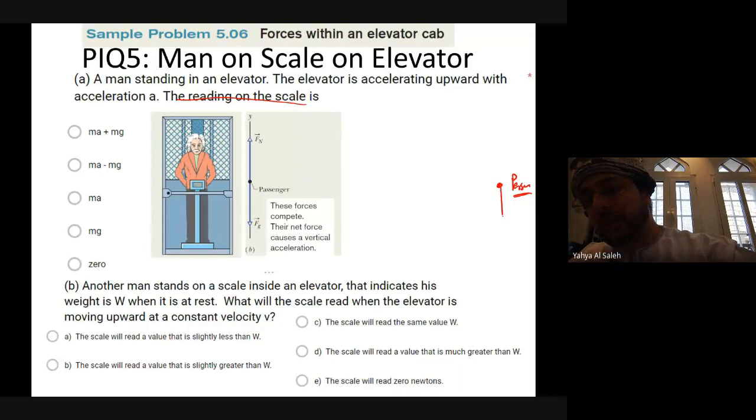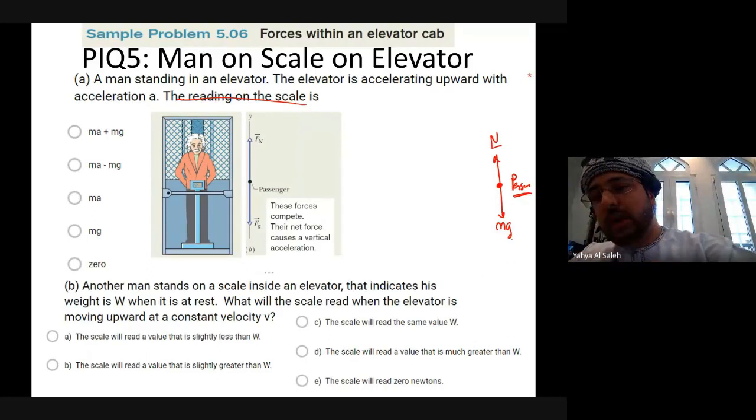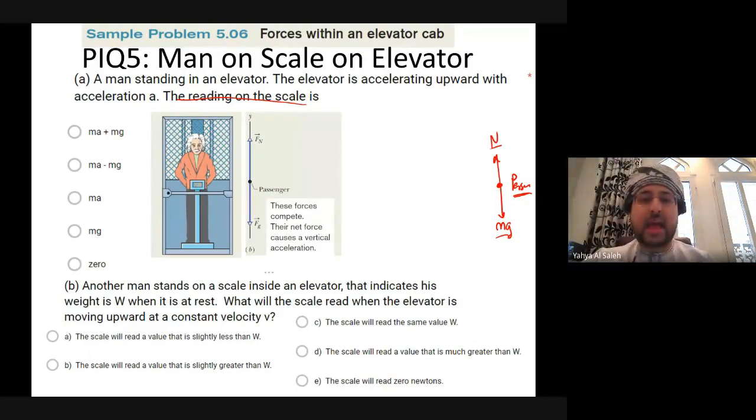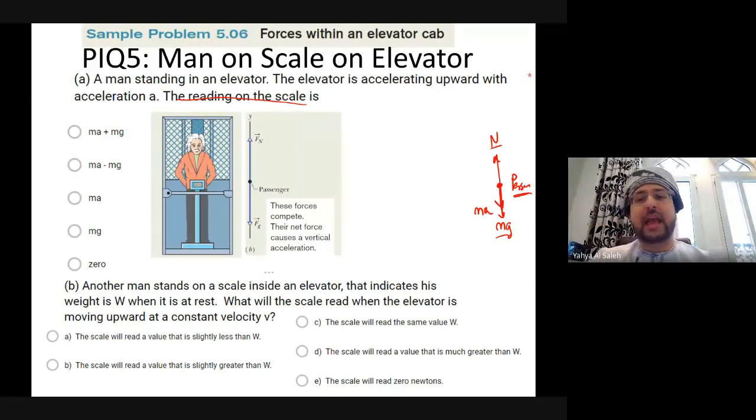I have mg down. I have my normal force up. And as the lift is going up, it is going to push the person down. So I will have one more force, ma, down.